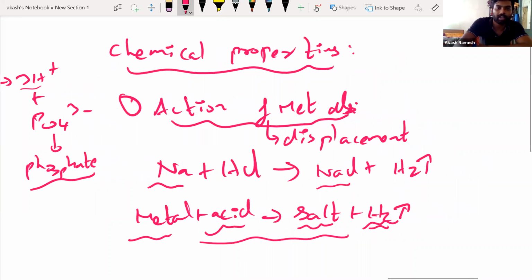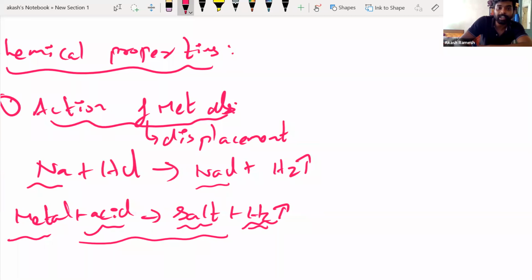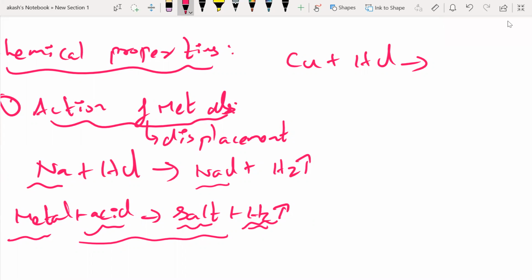Now I'll ask you one question. If I have copper reacting with the same HCl, what are the products formed? First tell me whether this reaction will happen or not.